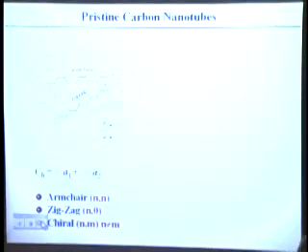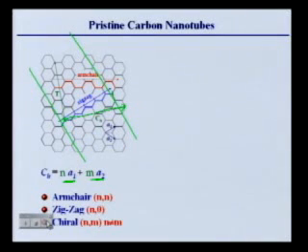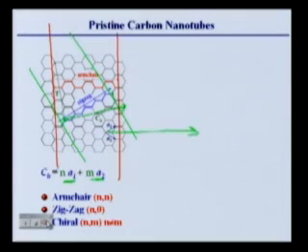If instead you choose n for A1 equal to the n for A2, you have a vector that goes in this direction, like the red vector here. So you are cutting the nanotube like this and rolling it together.